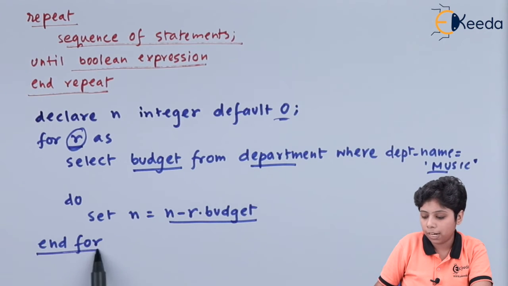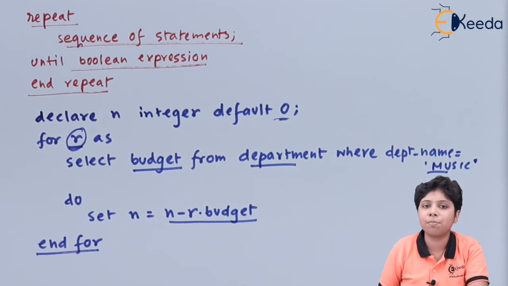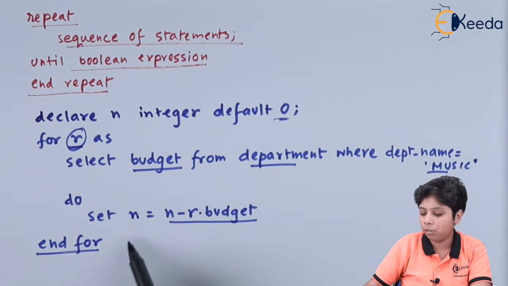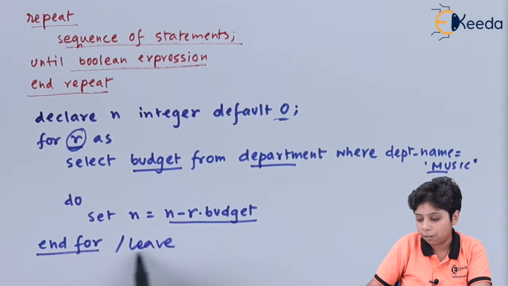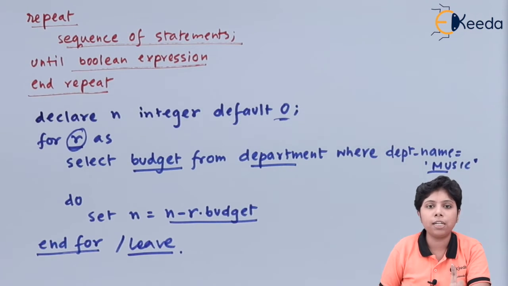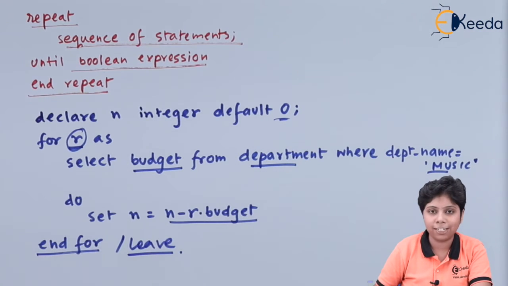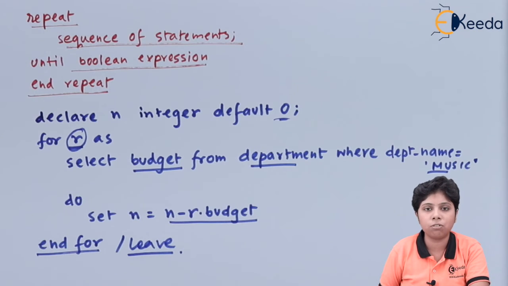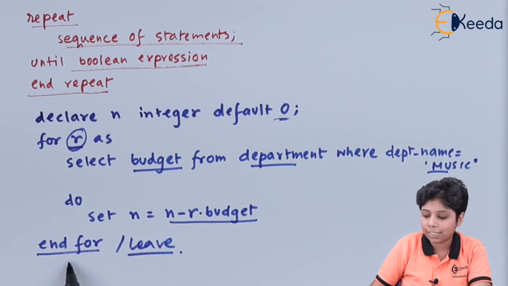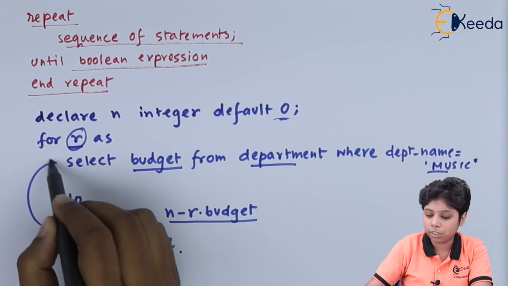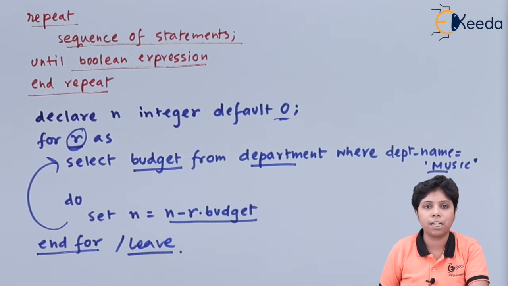Now I have put end for to declare that the for has been stopped. Other than using the end for, I could have used the leave statement here. So leave actually exits all the for statements and stops executing at once. When I use end for, it returns to the next set of statements.